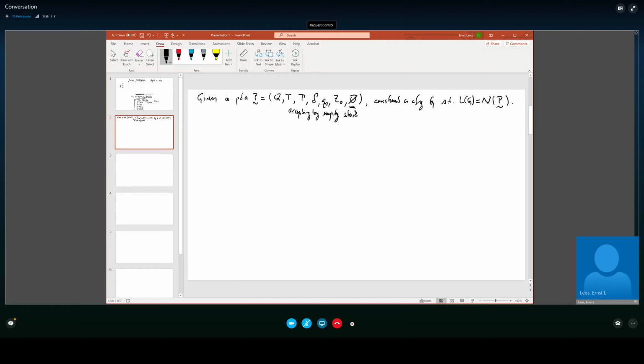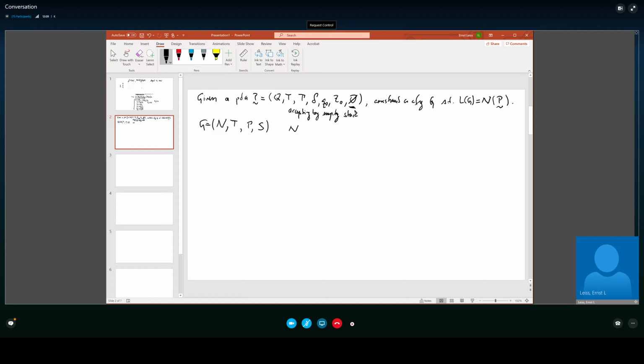So this G is going to be a set of variables N, those terminals T, a set of productions, and a starting symbol. And so the first issue is what is N?